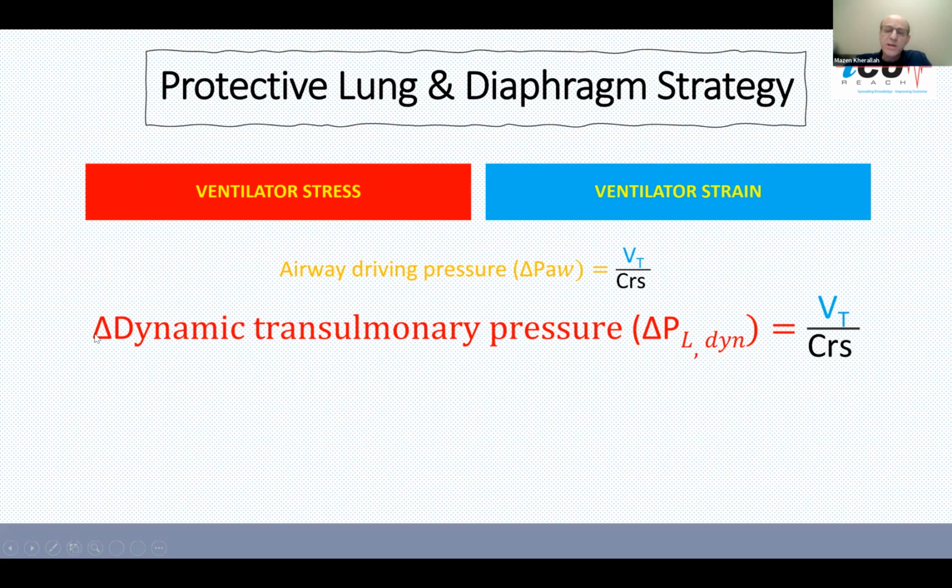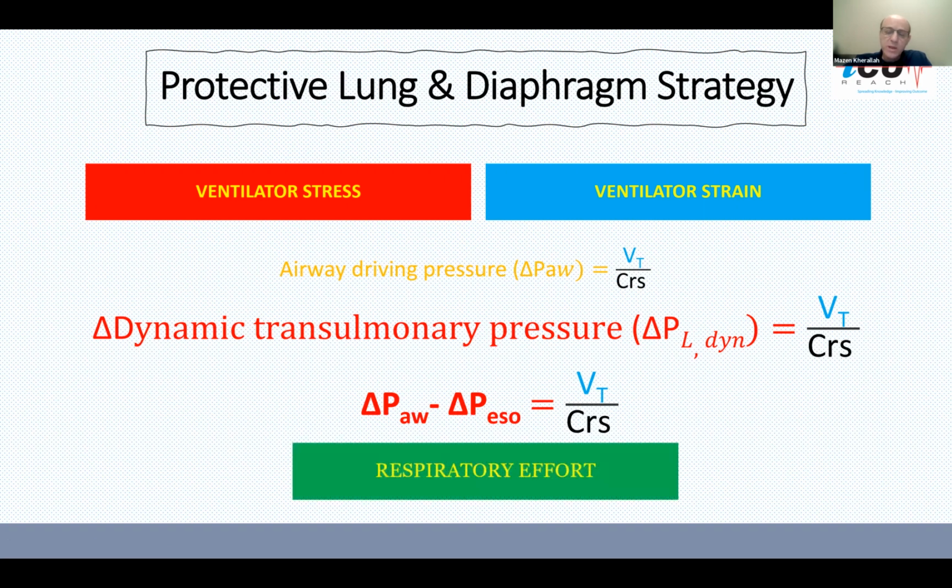And we usually go with the dynamic, meaning that if we do the dynamic, we're going to include the resistance, but I'm not going to be talking about that concept at this point. Just think of the change in the driving pressure minus the change in the esophageal pressure as the true driving pressure for the air. And that is related to the tidal volume and respiratory system compliance.